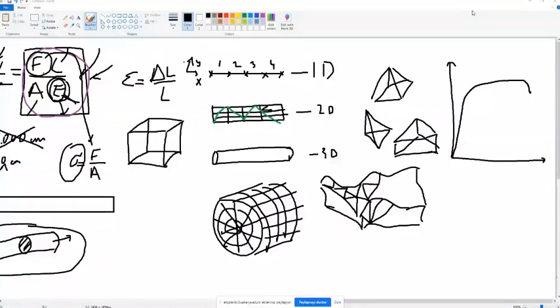Because of that, we will add an extensometer. An extensometer measures the length of just the sample very precisely. Mechanical extensometers or digital extensometers, we call them digital image correlation systems, or let me say laser extensometers.